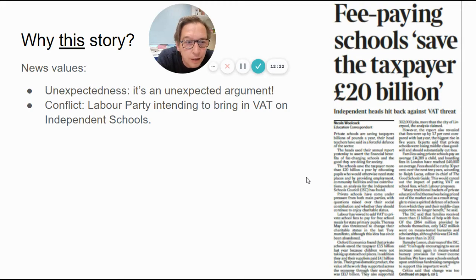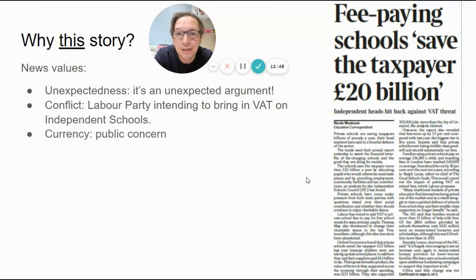So the Labour Party are saying, well, we'd like to get elected, and when we get elected, we're going to put taxes on school fees, and we're going to use those taxes to pay for underprivileged children, so they can have free school meals. They're saying, well, actually, we already, by taking all of these children off your hands, we're already saving you 20 billion, so put that towards the free school meals.